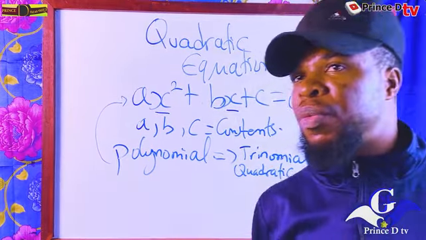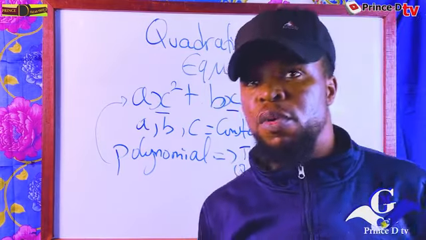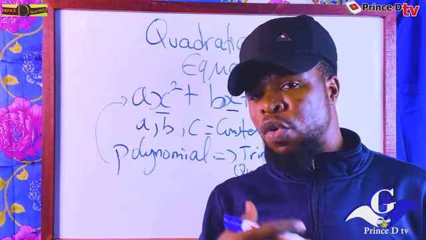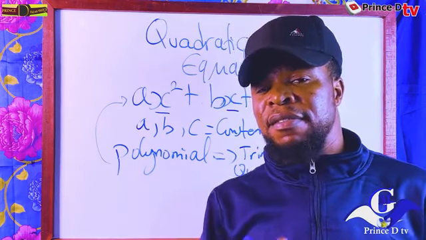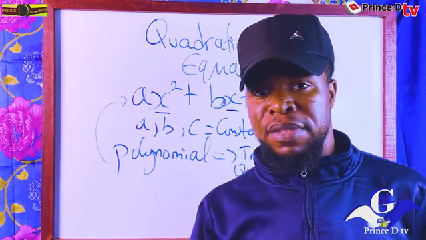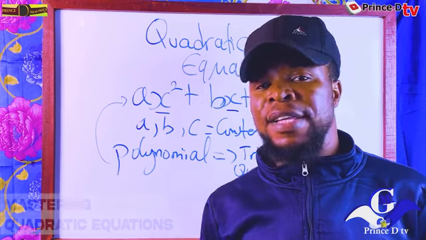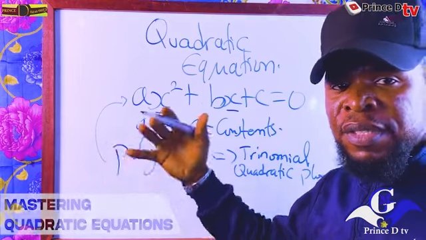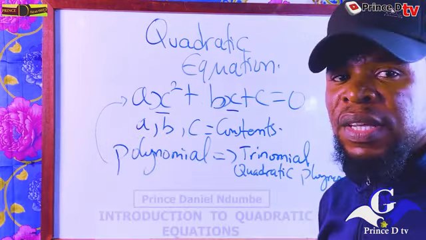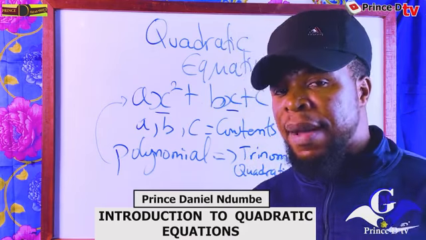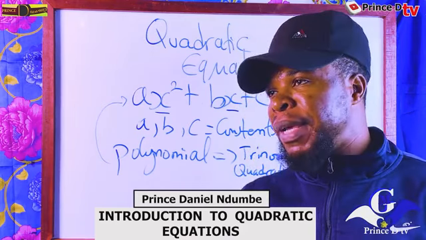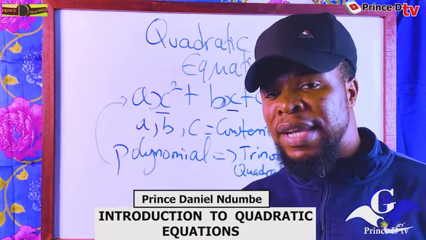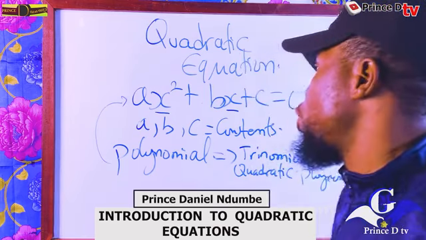So a polynomial is simply an expression having various numbers of terms. These terms are a sum of the product of variables raised to a particular power, which is a non-negative integer.